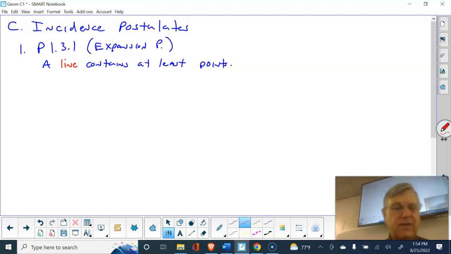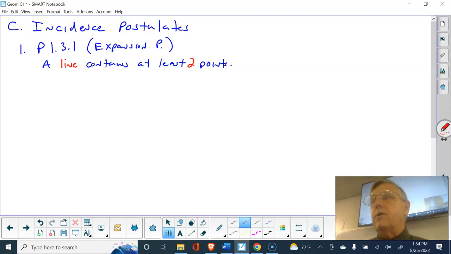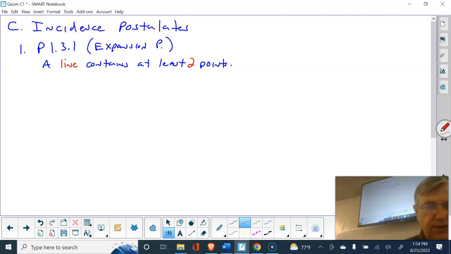So how many points at least does every line contain? Two. All right, so every line contains at least 2 points. That's the first postulate. And that's, again, knowledge that pretty much everybody knows. We don't need to prove it's true. It's an obvious truth.